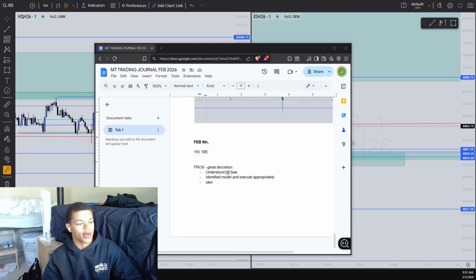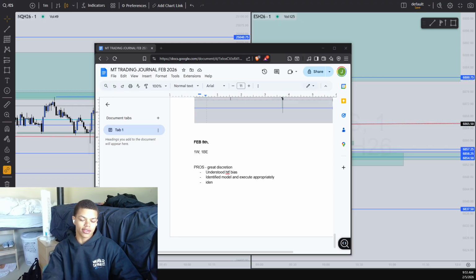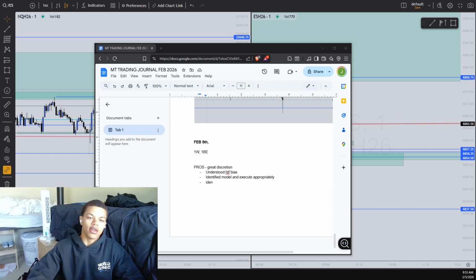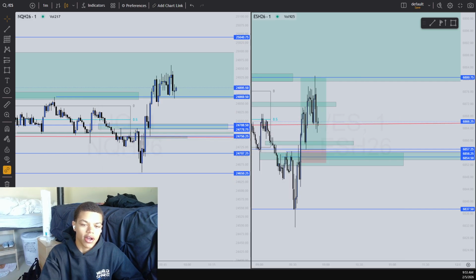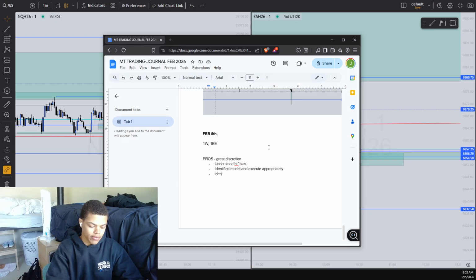So making sure that we had the 15-minute order block definitely helped us, because it helped us identify our entry. So identification of 15-minute order block.